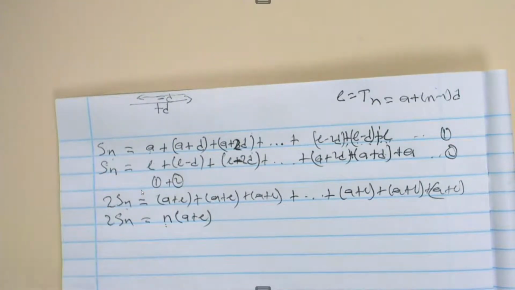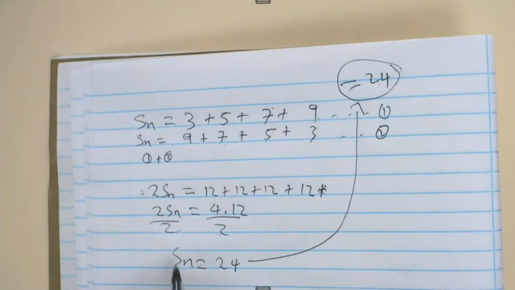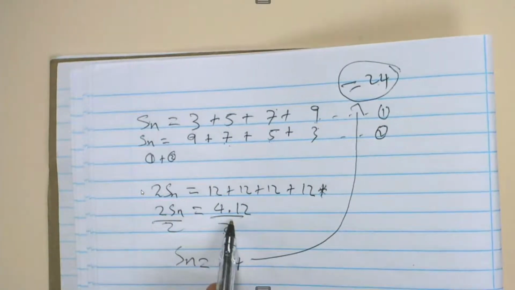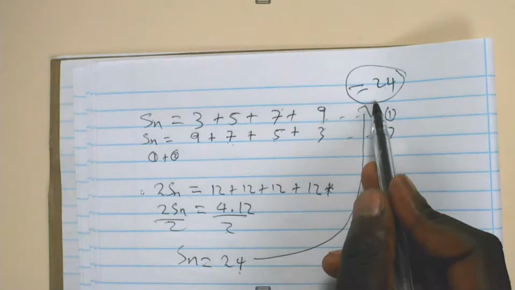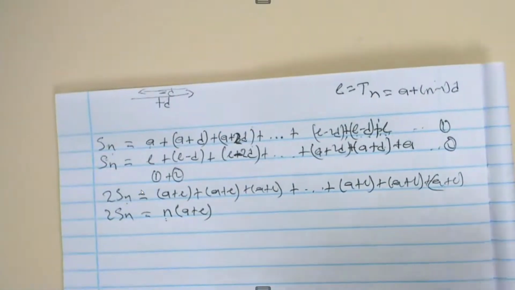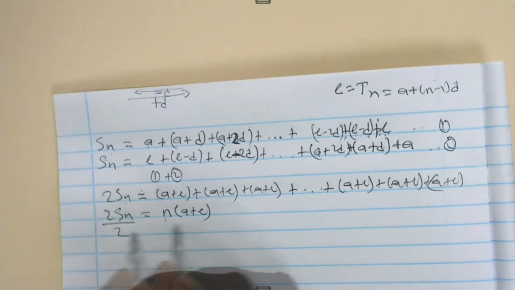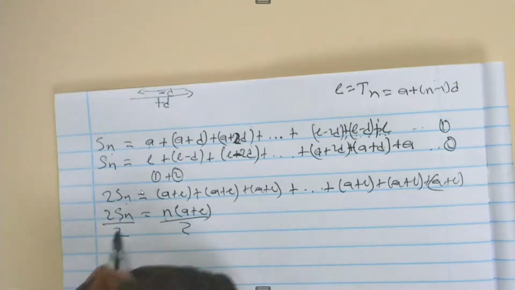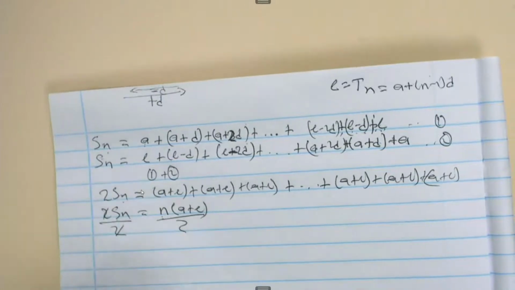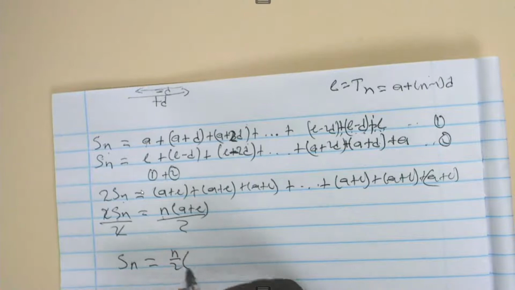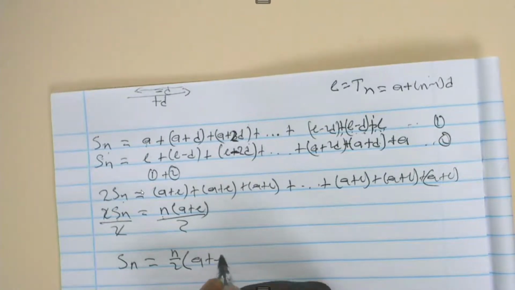And whatever we did here, we divided both sides by 2 to obtain that 24. We are going to do the same again here. We are going to divide both sides by 2. If we divide by 2, our 2 and 2 would cancel. We are going to have our Sn as n over 2 into A plus L.